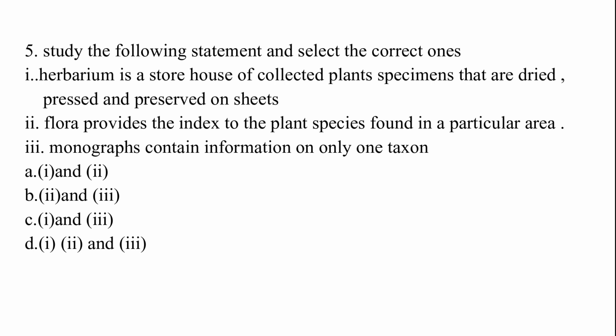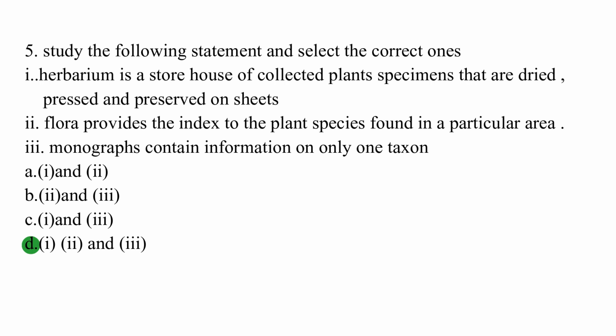III. Monograph contains information on only one taxon. The options are: A, I and II; B, II and III; C, I and III; D, I, II and III. The correct answer is option D, which is I, II and III.